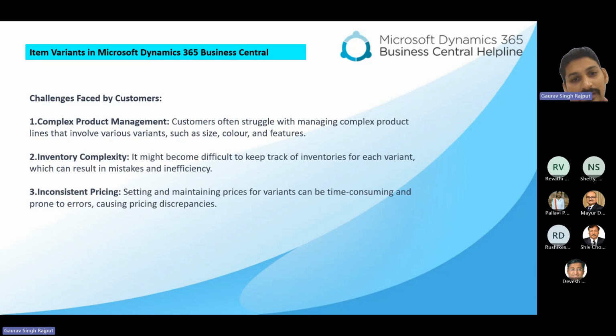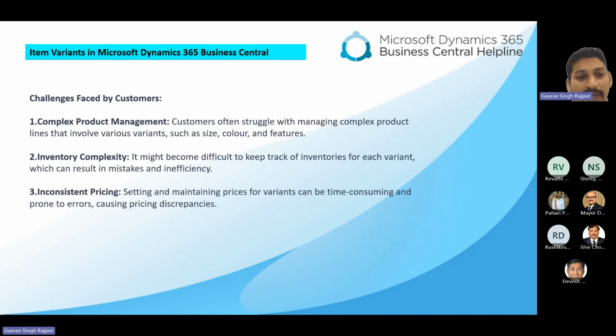It also creates issues in how to maintain inventory and planning. So it is very necessary that we handle the inventory complexity efficiently, so that we are able to create a proper variant code.